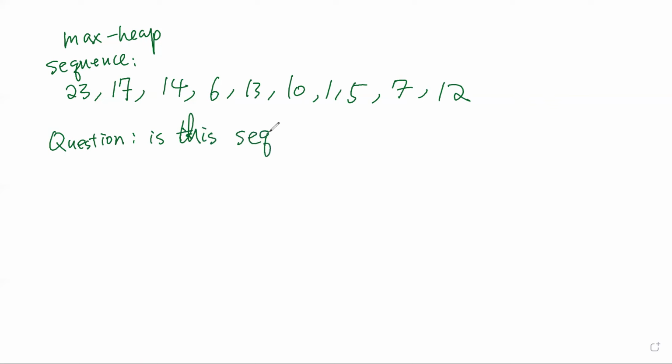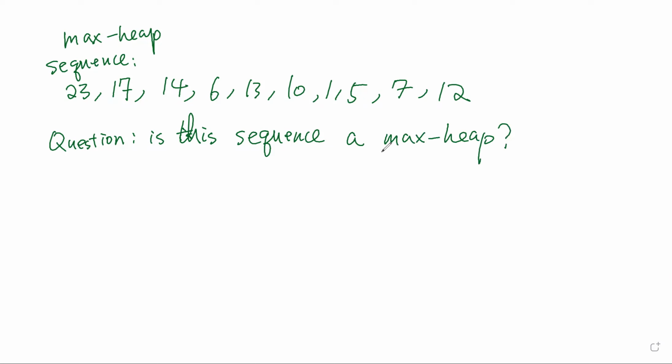My question is, is this sequence a maximum heap? If I just give you this sequence, is it already a maximum heap? So how do we determine this? It doesn't mean the total number, it's not about the sum of powers of 2.